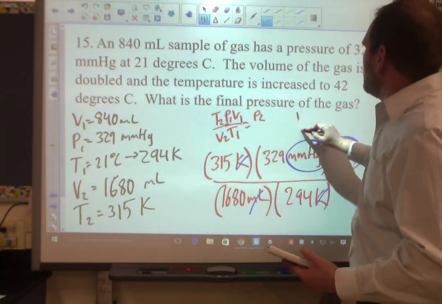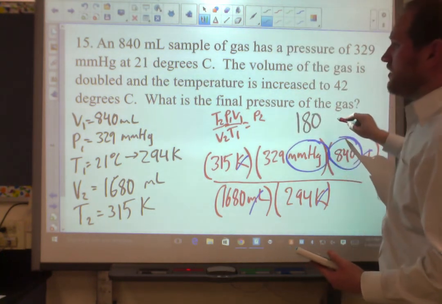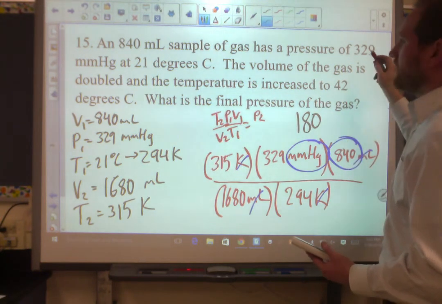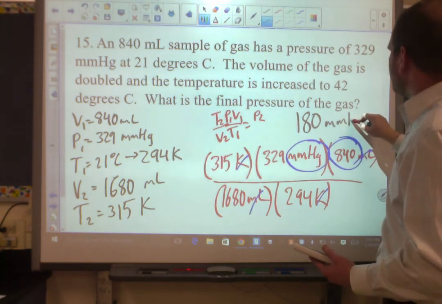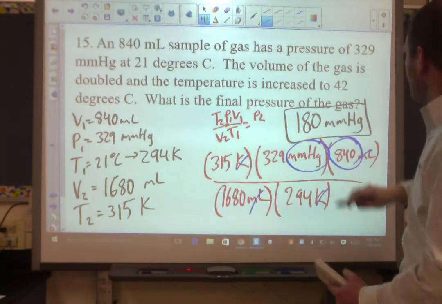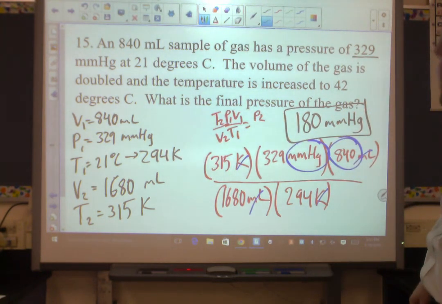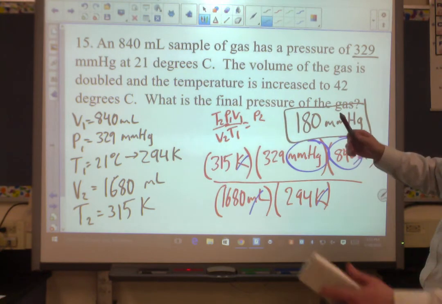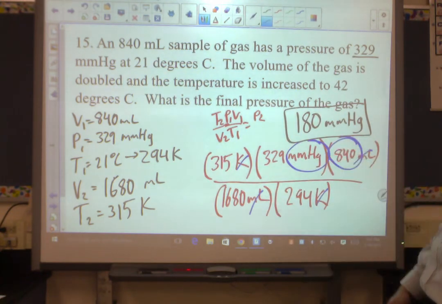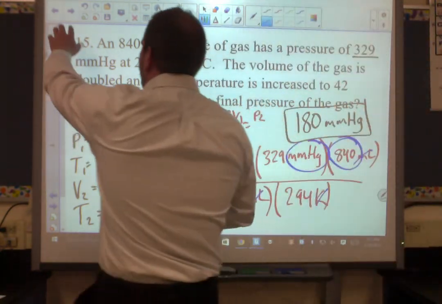Final answer, 180, what's my unit? mmHg. And based on my logic, this makes sense. You're going from 329. If you really cut that truly in half, it'd be about 165. You didn't really cut it truly in half. You cut it in half and then you raised it a sliver. So 180 makes sense. All right, final question.